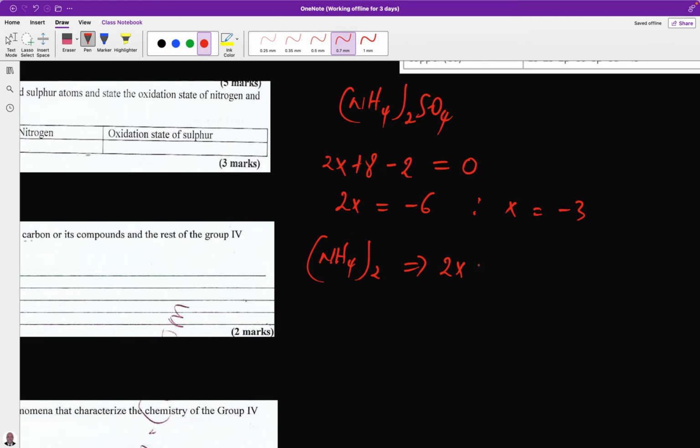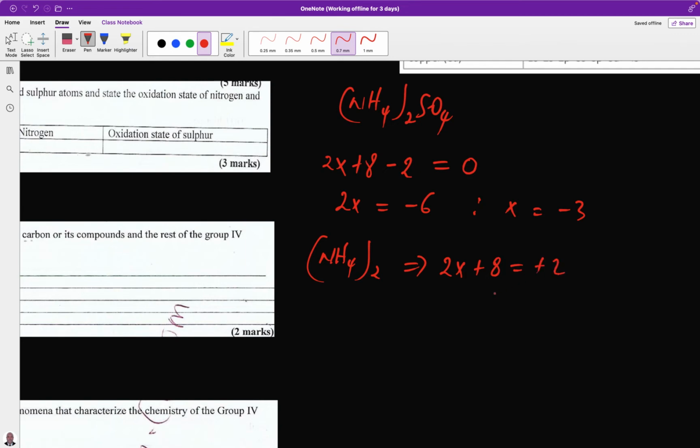It's +8, and the total is not 0. But if we are using this, we must use the oxidation state for ammonium. The oxidation state for the ammonium radical is +1, and since there are 2 ammonium, it should be +2.